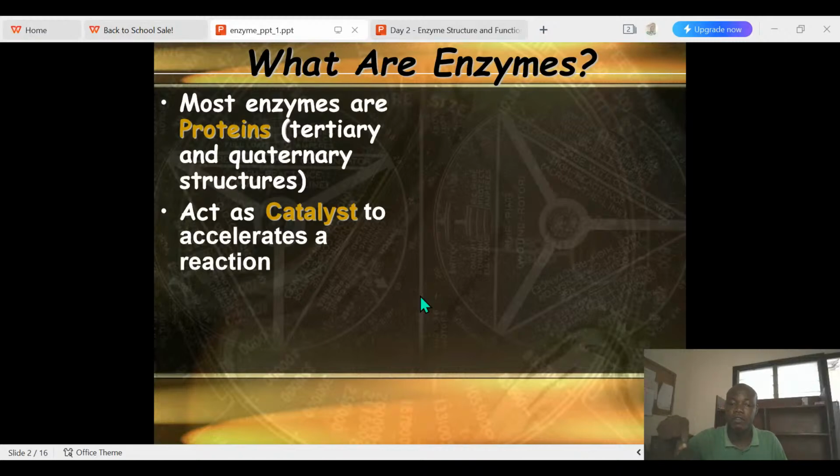Some snakes have a hemorrhagic effect, which means they affect the blood. Some have a hematotoxic effect, that is, it affects the red blood cells, the blood cells in the body.